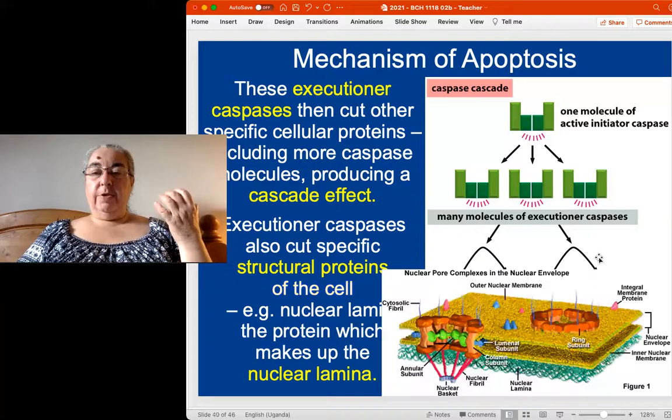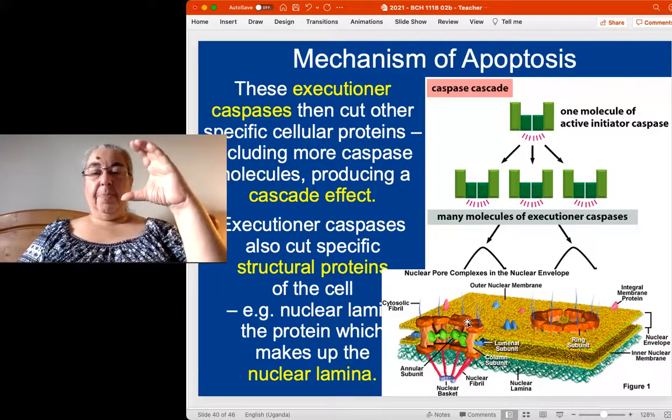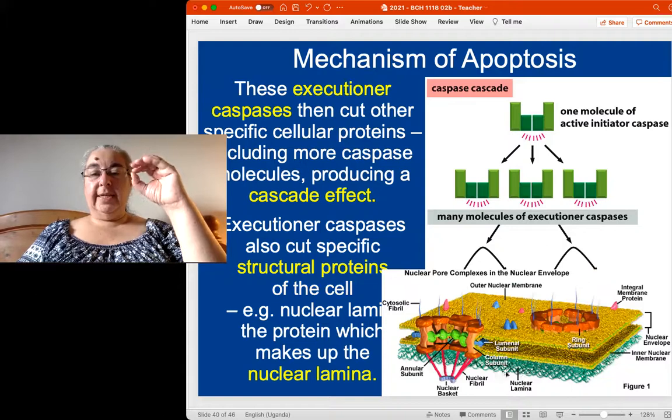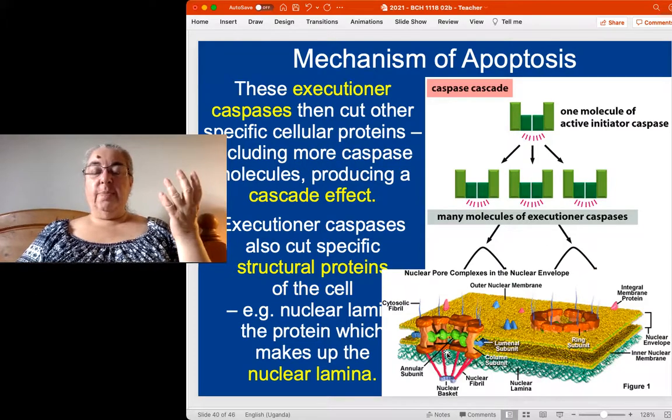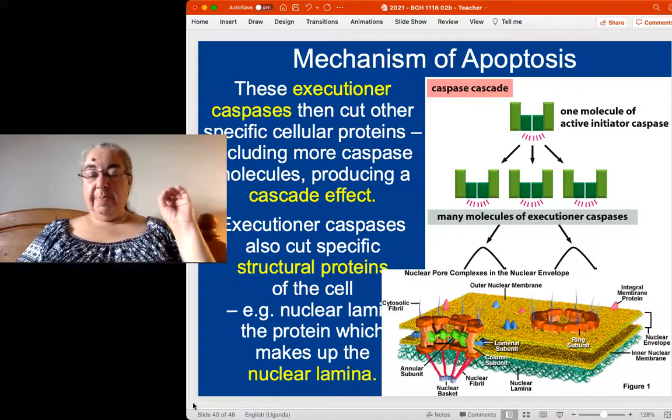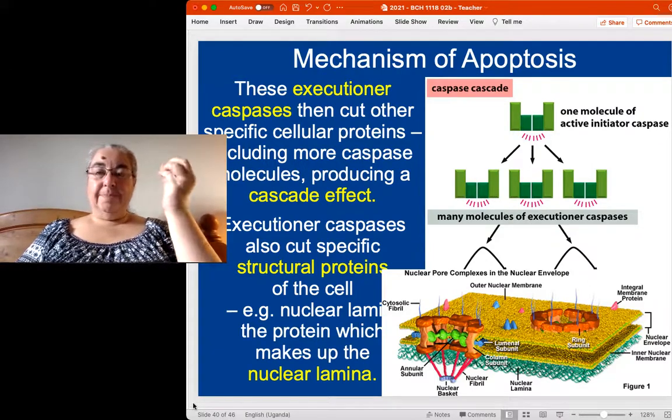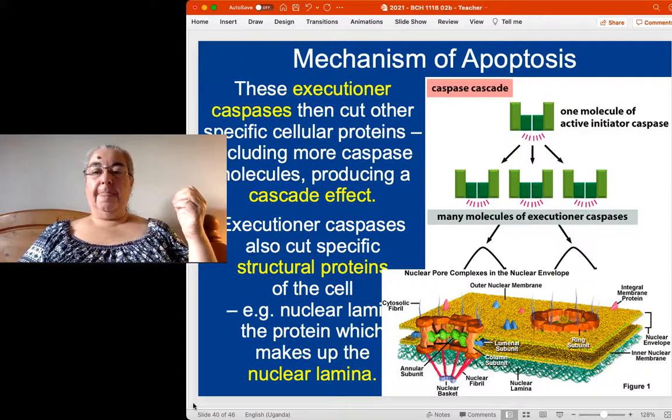Remember when we looked at the nucleus, we saw that there is a layer of fibers just under the nuclear membrane called the nuclear lamina. If these proteins are cut up and this layer of lamina is destroyed, the nuclear membrane stops being a membrane right round the nucleus and instead dissolves in exactly the same way that we saw in mitosis and becomes little blebs, little vesicles of membrane.